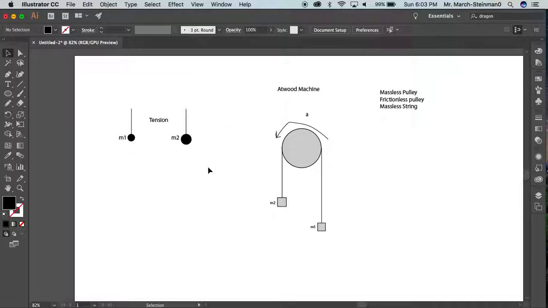So let's have a look at this. We have mass 1 pulling down some amount. It's going to be less than the tension. And that's because the net force on both of these objects should equal their mass times their acceleration.